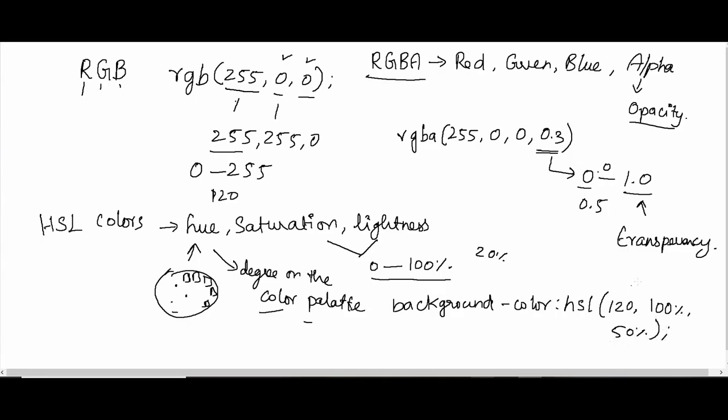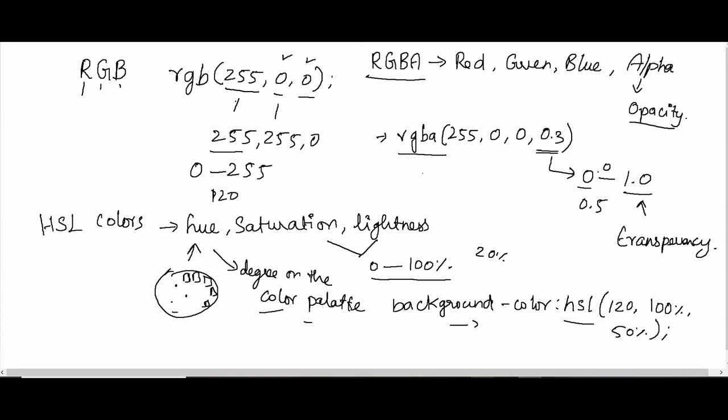I'm just adding these three values. You just go and test with this example. Just create a paragraph and give a background color by using HSL. And similarly use RGBA also. Create a paragraph and give the background using this type of color format.